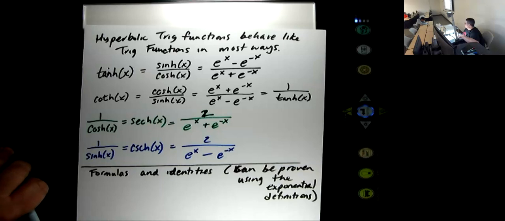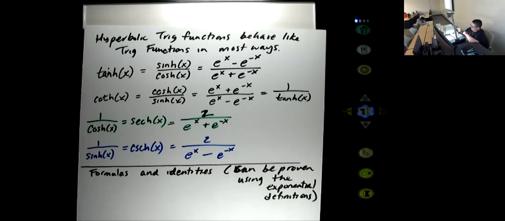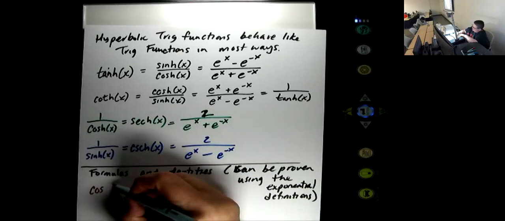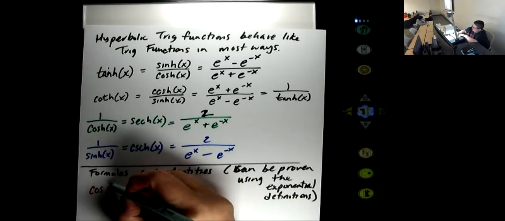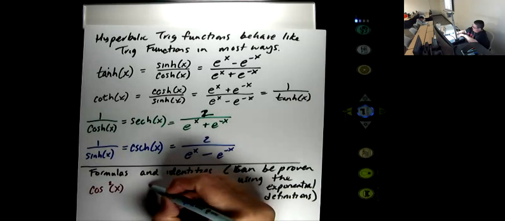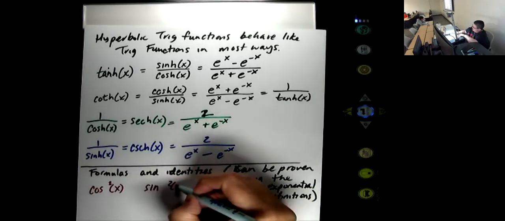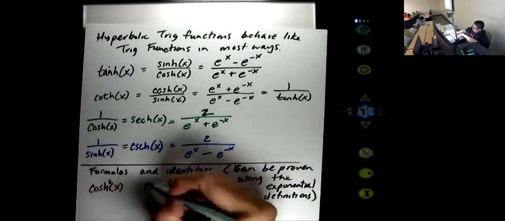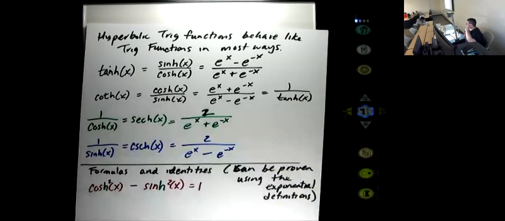These are all very similar to the trig identities, but they're just a little bit off. We used to have cosine squared x and sine squared x added together equal to 1. When we do the hyperbolic version, it becomes subtraction.